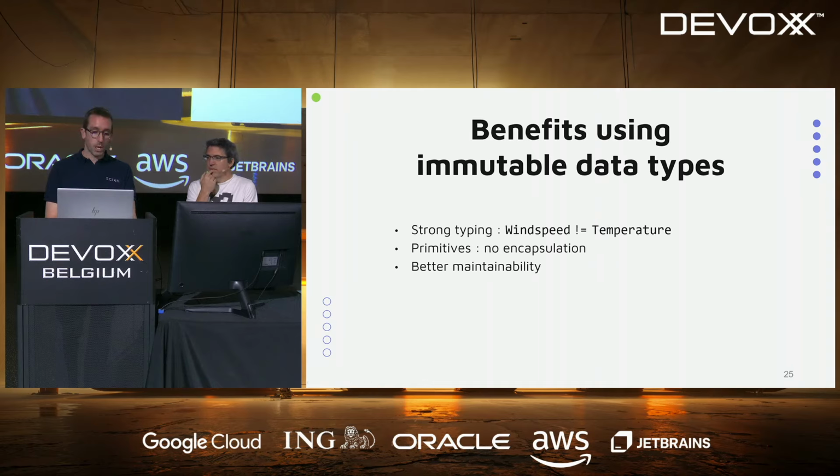We have it with objects, and it helps with overall better maintainability. The objects really tell what they are by essence, and they have encapsulation. We can have some behavior inside. Here you have a toString that will put the unit after the value. If you are using primitives, you have to take care of these kinds of things.